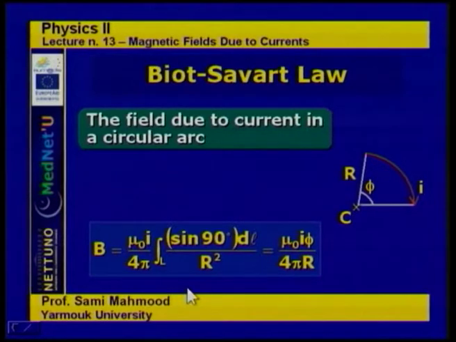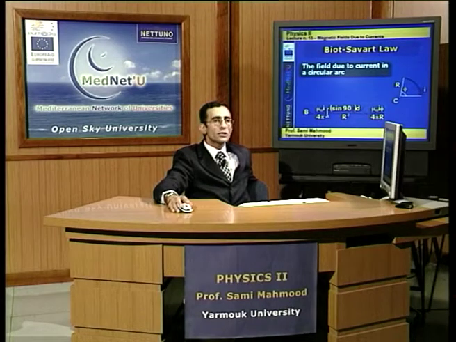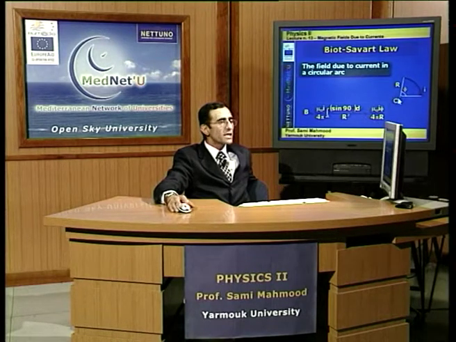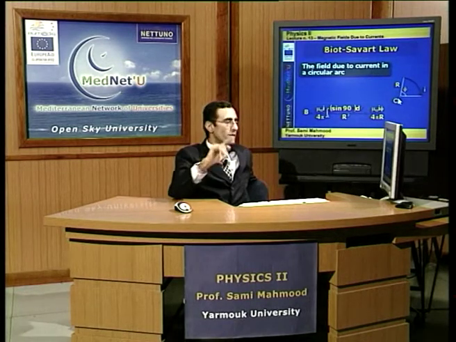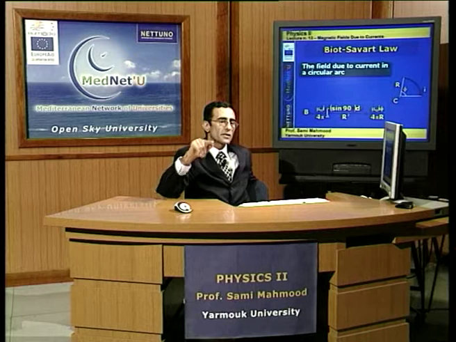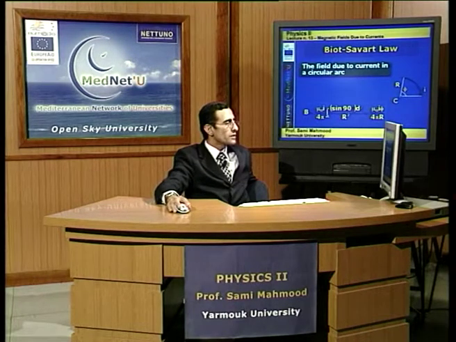Again, from the Biot-Savart law, we notice that the direction is always in the direction of I dl cross R, the direction of the current flow cross R. R is the position vector from the element of current to the point where we are evaluating the field. So the direction of the magnetic induction at point C is directed inward, towards the page, and that's why it is symbolized by a cross here at point C.